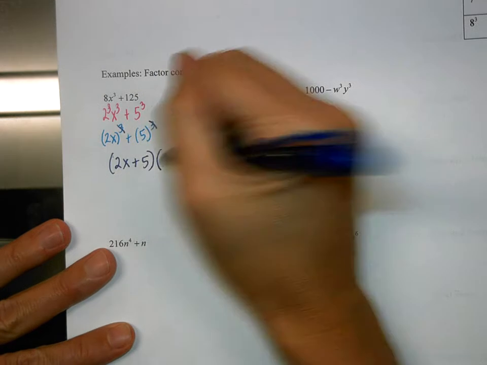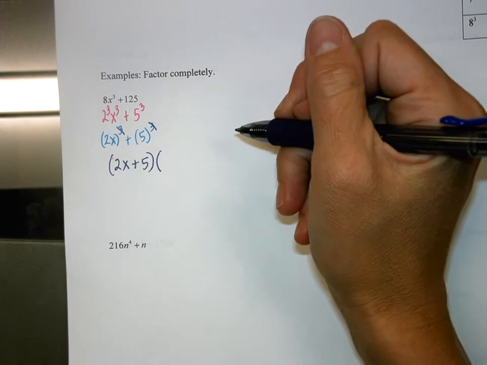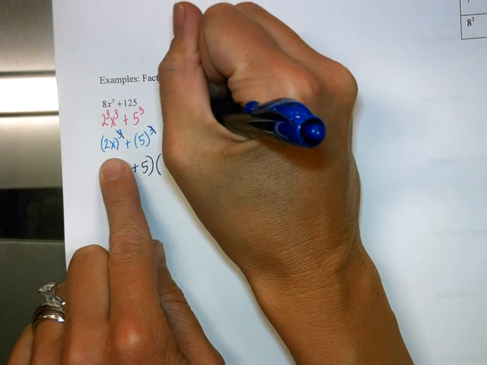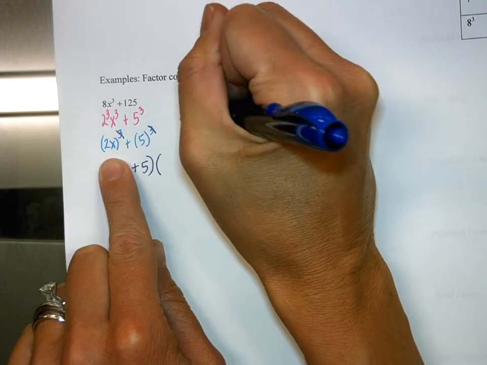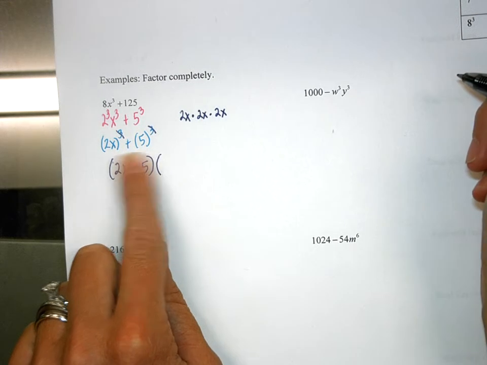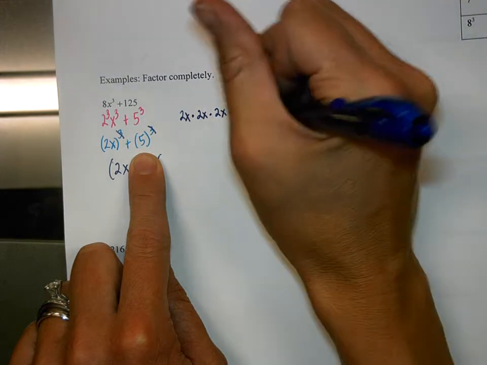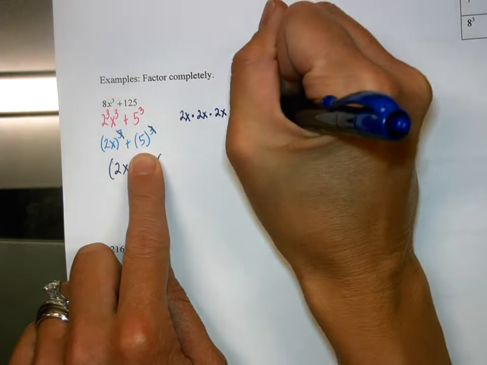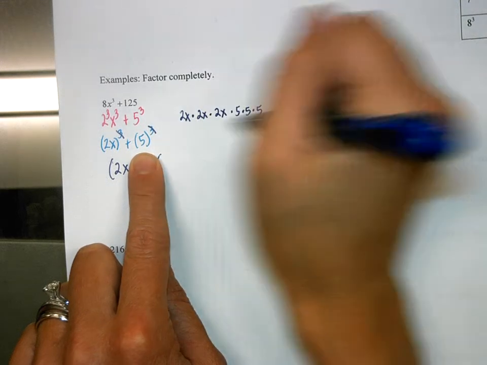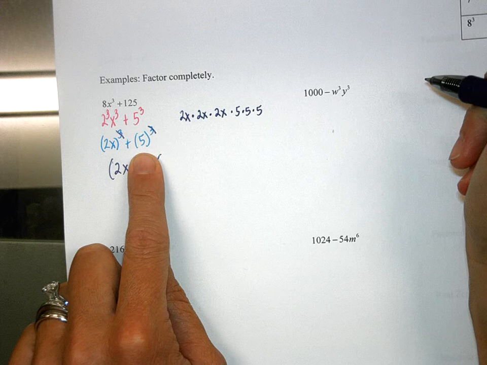Your second parenthesis now, what we're going to do is we're going to write these out. So 2x cubed, we are going to write as 2x times 2x times 2x. 5 cubed, we're going to put times 5 times 5 times 5. You should always have 6 things written here.